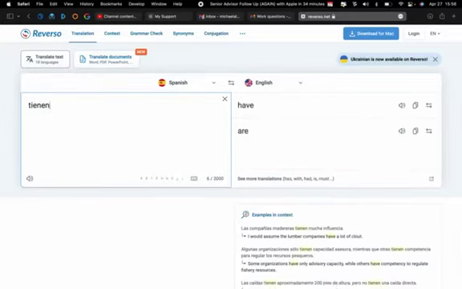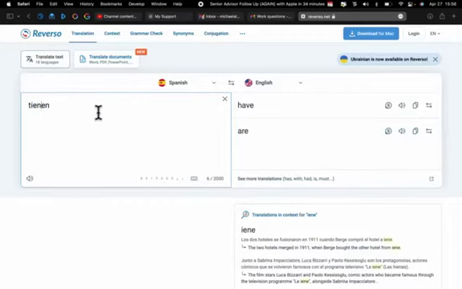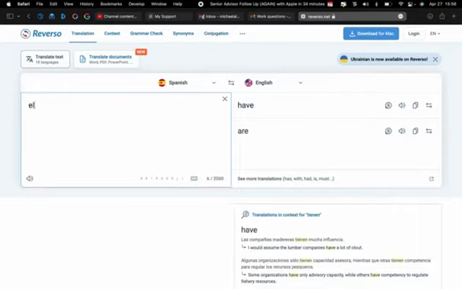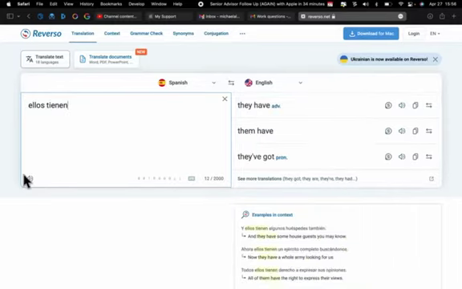Now, context is important because look, we don't know what the pronoun is in English. And I don't know if you remember, but there are 3 pronouns in Spanish that share this conjugated form of the verb. For example, ellos tienen turns into they have, right?